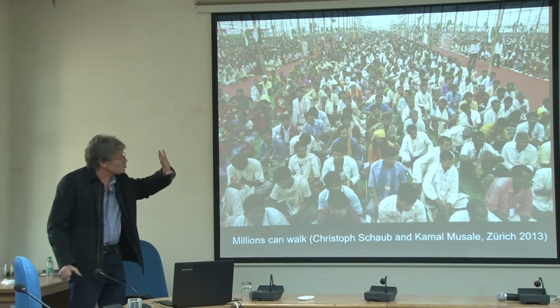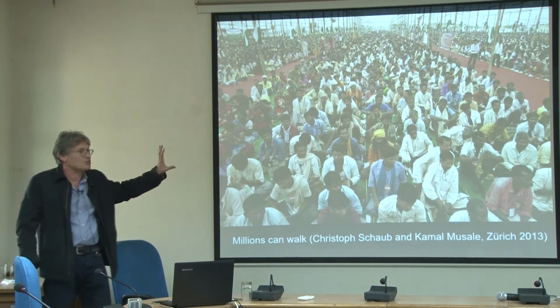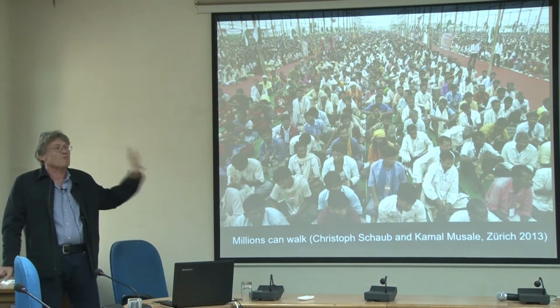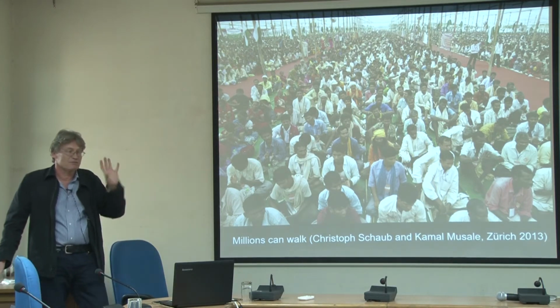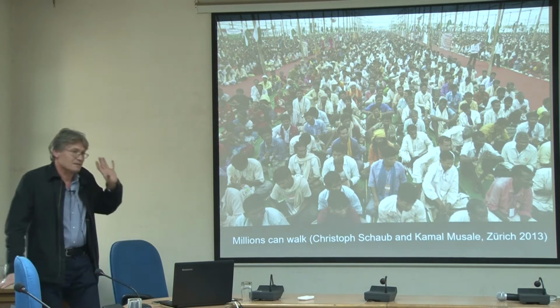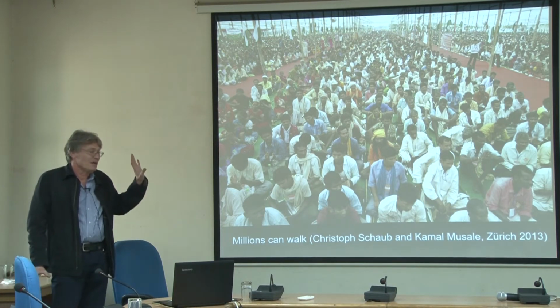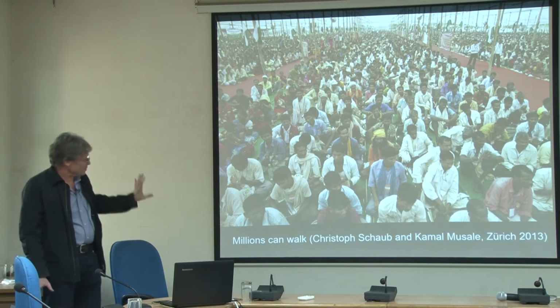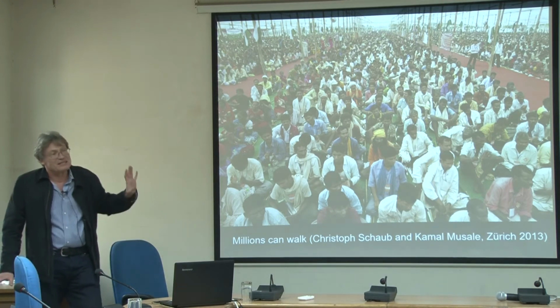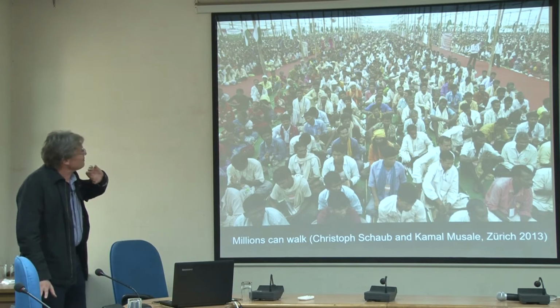And the film just shows that huge march and its organization and how it stopped some 100 kilometers before Delhi. But what the film doesn't really show, but what is behind that film, I can tell because Christoph Schaub is an old friend of mine.